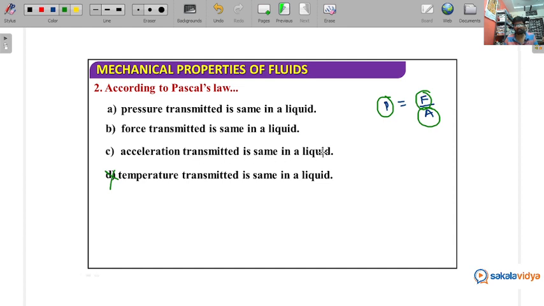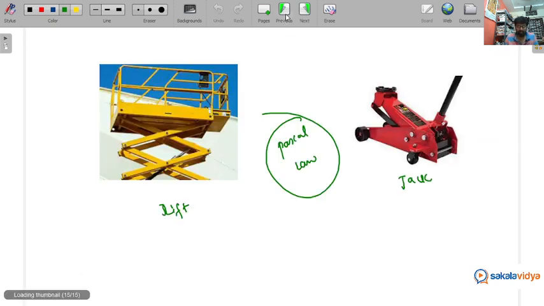Acceleration transmitted is the same in the liquid. Do you have any formula relating acceleration with pressure? No, even this is a wrong answer. Force transmitted is the same in the liquid. Now let us see, pressure transmitted is the same in the liquid. As we know, pressure is directly proportional to force and inversely proportional to area.